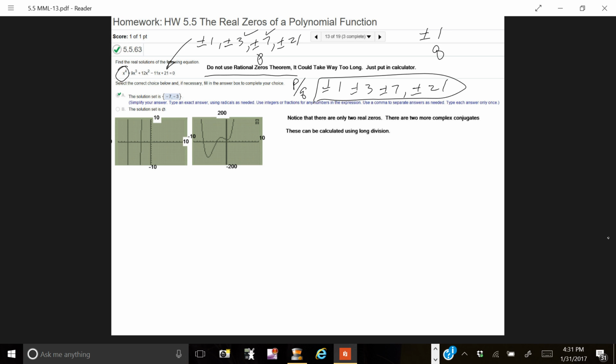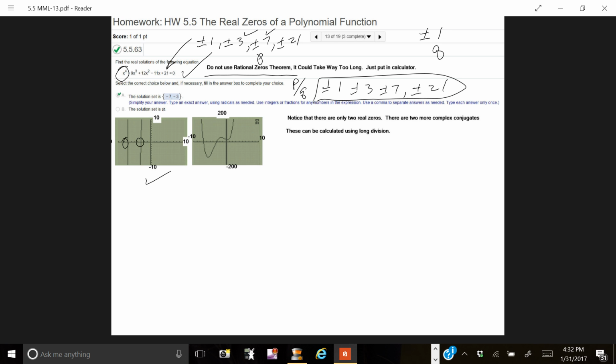So go ahead and put this function in your calculator, and then if you go to the standard window, it looks like this, and you're sort of seeing the zeros here, minus 7 and minus 3. You can also expand x min and x max and make sure there's nothing else out there.